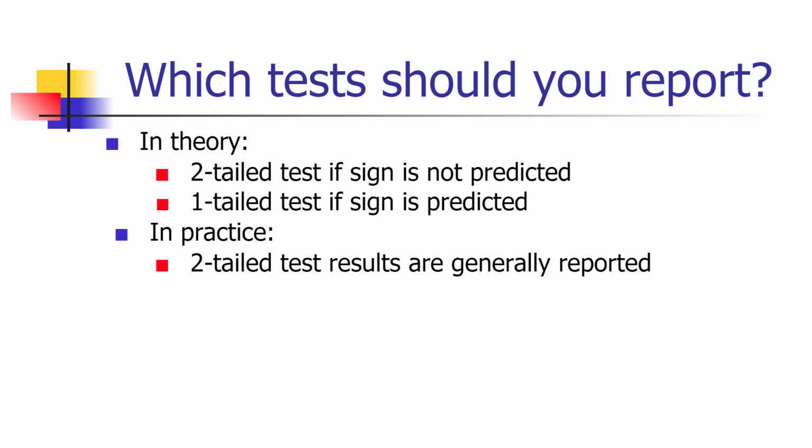The reason for that is that once you estimate the equation and you observe the sign, choosing a one-tailed test gives you a somewhat less stringent test criterion, making it easier to find statistically significant results. So to avoid any temptation to do that, econometricians tend to generally just report a two-tailed test result.